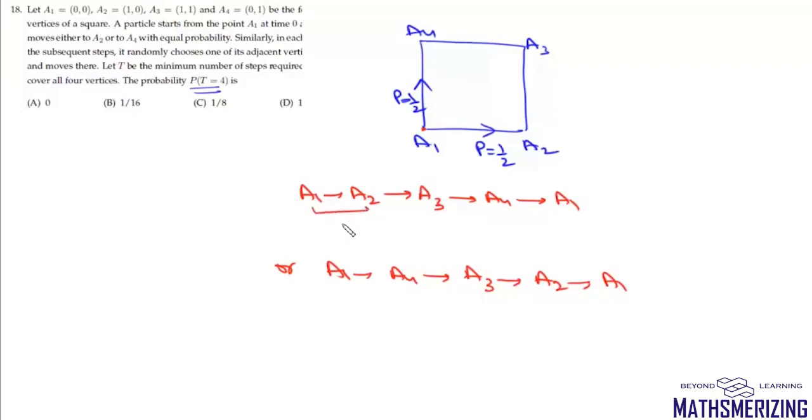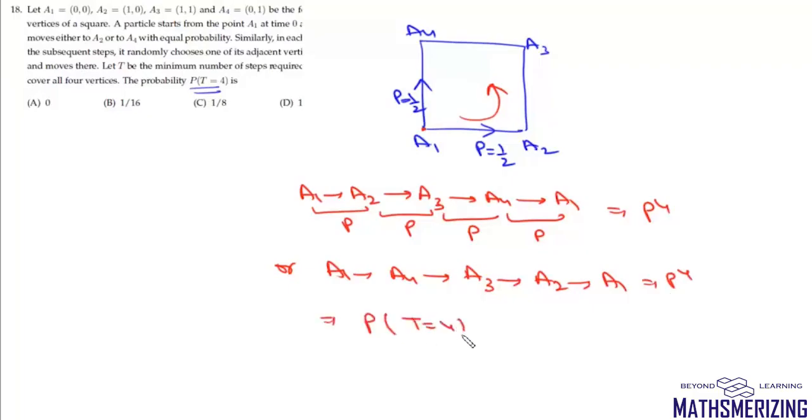So from A1 to A2 it will be P, A2 to A3 it will again be P, and then P and then P. So from A1 to A1 using this first route, it will be simply P to the power 4. In the same way, the probability of the particle moving from A1 to A1 will again be P to the power 4. So the probability that Pt equals 4 will be 2 times P to the power 4, where the value of P is 1 by 2.